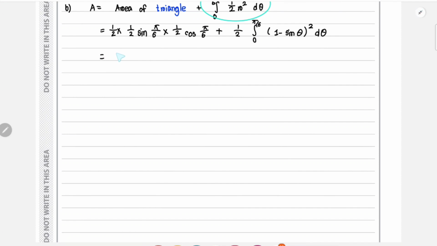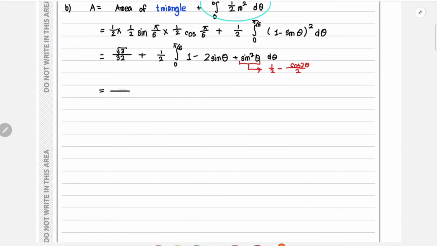This value would be root 3 by 32, and you'll have plus half integration of 0 to pi by 6, 1 minus 2 sine theta plus sine squared theta. If we integrate sine squared theta, we can just write it down as half minus cos 2 theta by 2, and we can just integrate that.